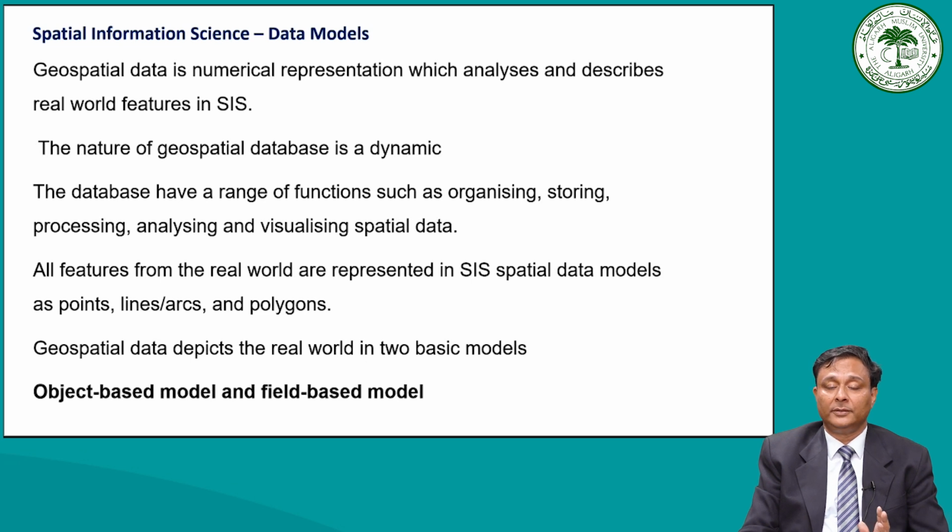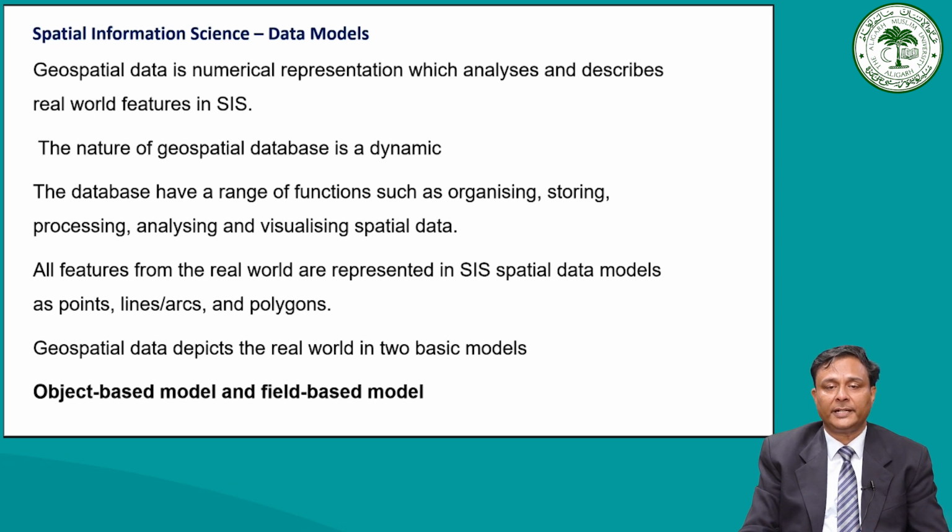Now, you are all aware that the features from the real world are represented in spatial information science by the spatial data models as point, line, which you can also call arcs, and area or polygon entity.